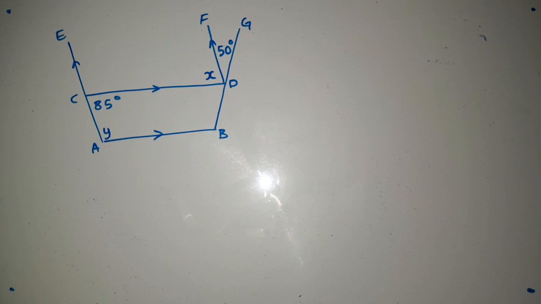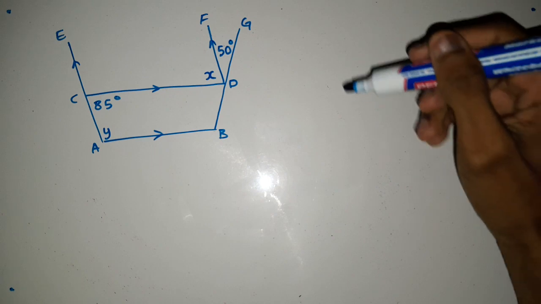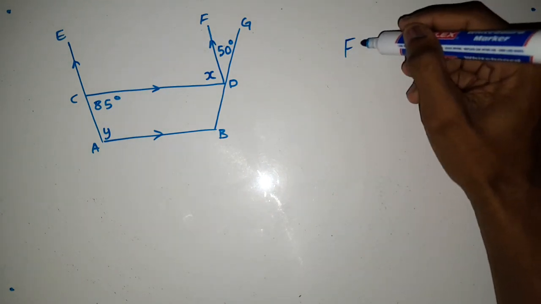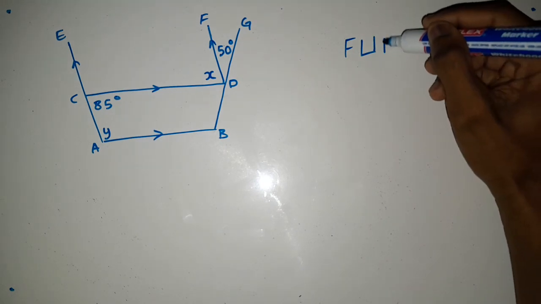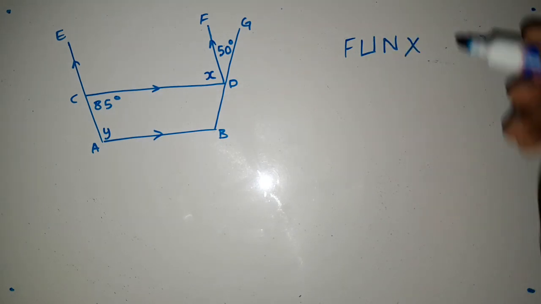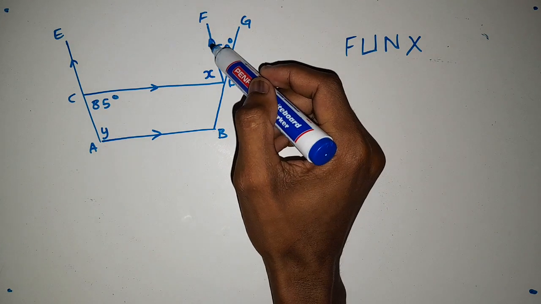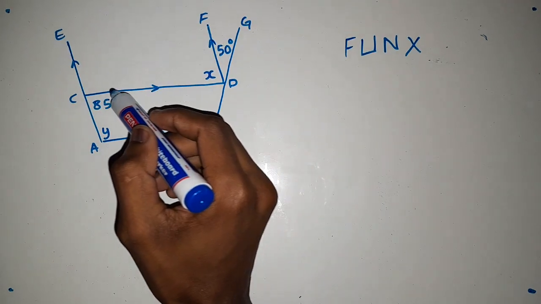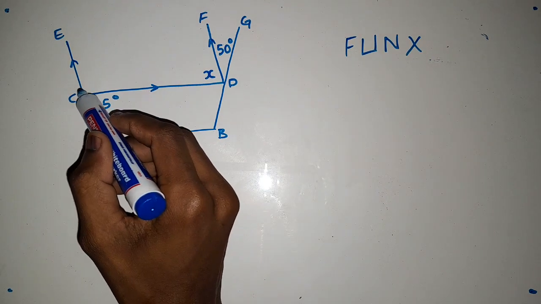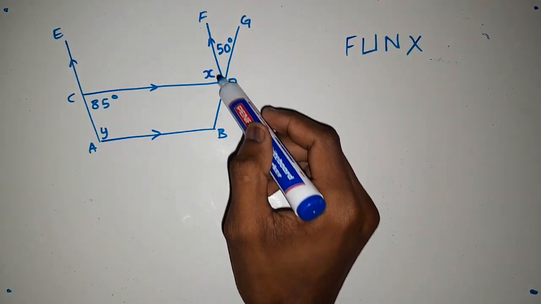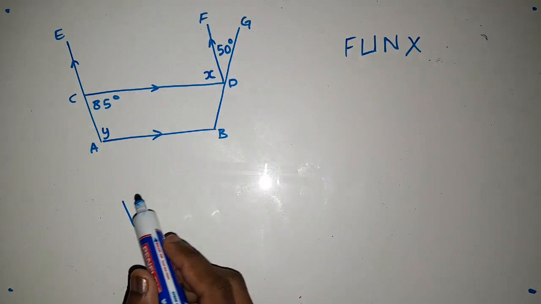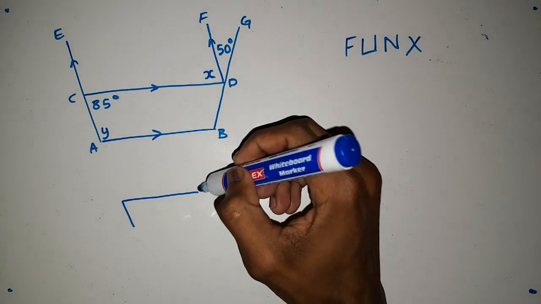Don't be confused. Do you still remember? I said to you, if we have parallel lines, just need to know that, try to identify this. Check. I have my X over there. If you follow this line, you can see that we are going to get an alternate angle, which is something like this.